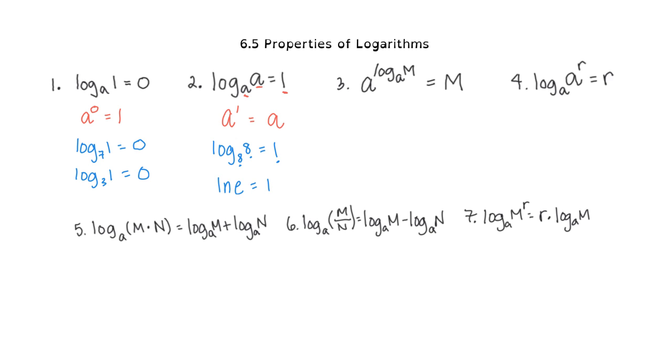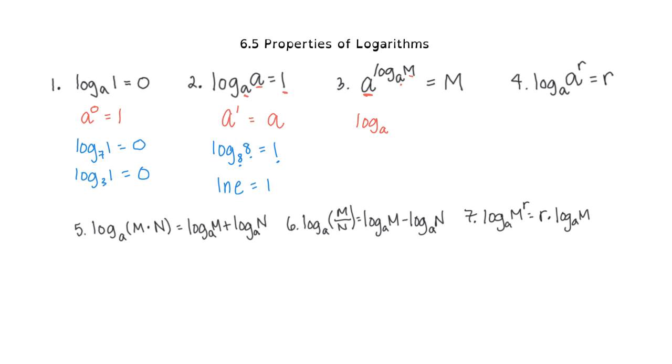In our next property, property 3, we have a to the logarithm with a base of a, which is the same a in this base as you see here in the base of the exponential. The logarithm of m is equal to m. So the way that we're going to see how this property works is actually to rewrite it in logarithmic form. So we're going to take log, and the base of the log is this a right here.